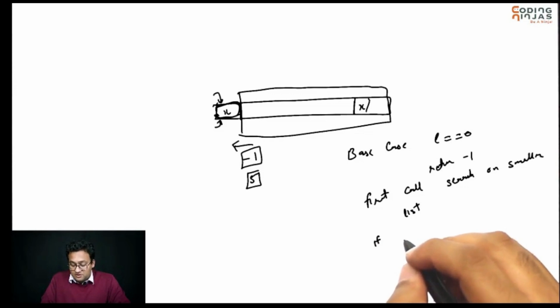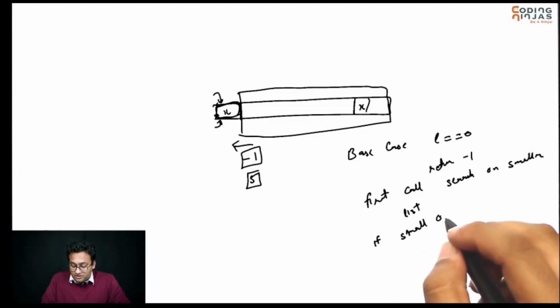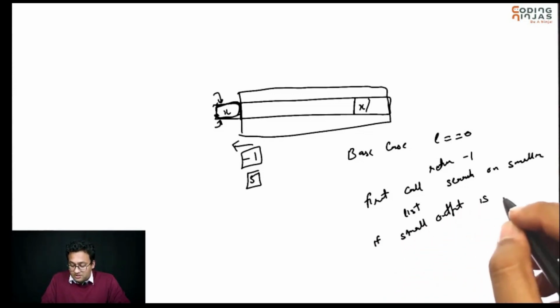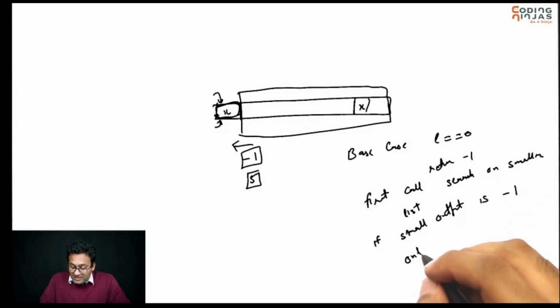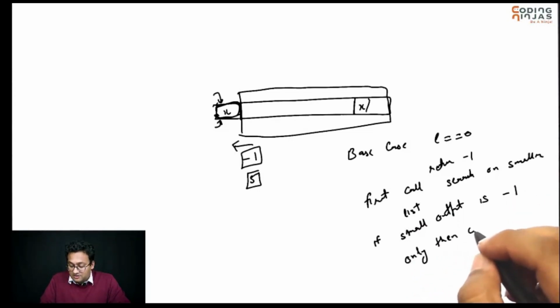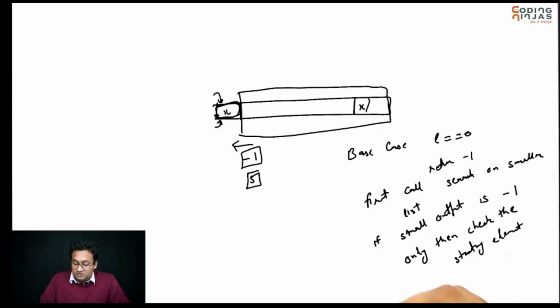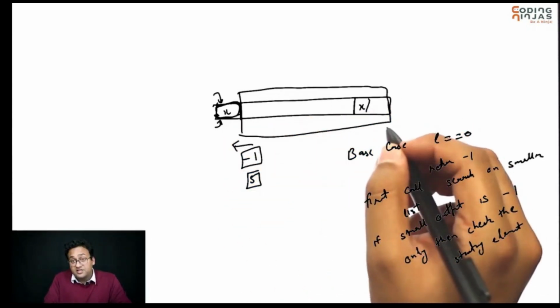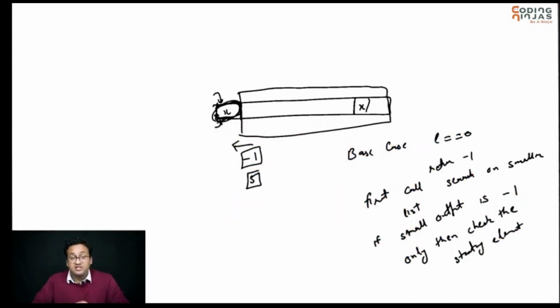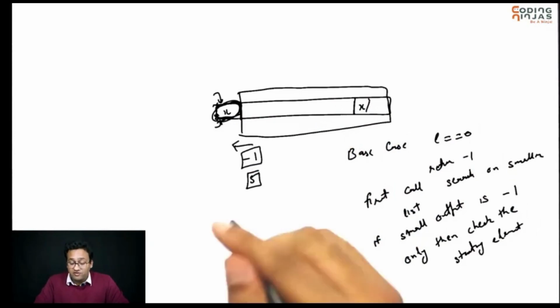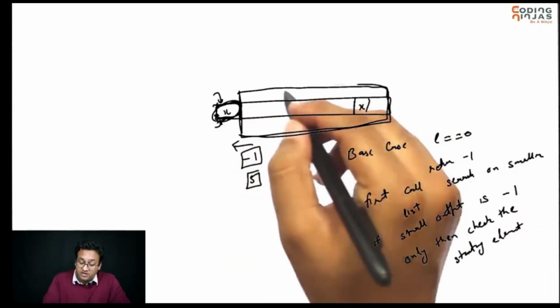If the small output is -1, only then check the starting element. So we'll first call on this. If this returns -1, only then we will check here. Otherwise, whatever is the output from here, we will return that.